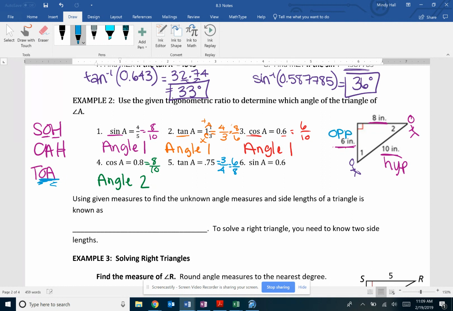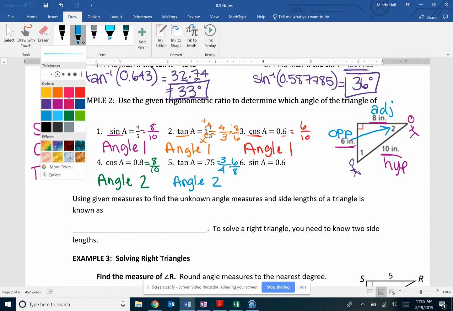So 6 is opposite, adjacent is 8. So the only thing that's opposite of the 6 is angle 2. And then 8 is right next to it, so it makes sense. The nice thing is if you can identify your opposite or adjacent, it's generally pretty straightforward to figure out which trig function you're going to use.